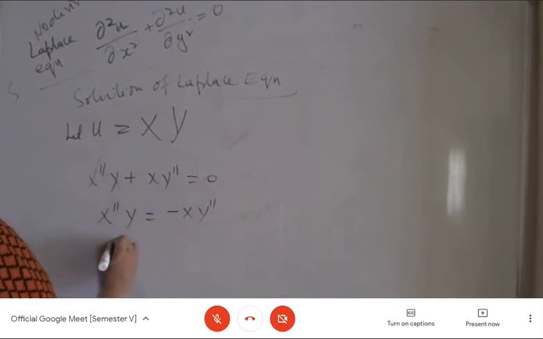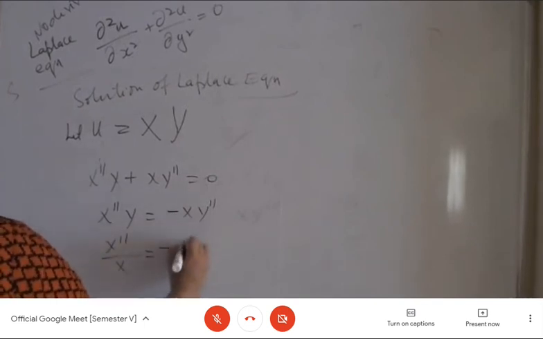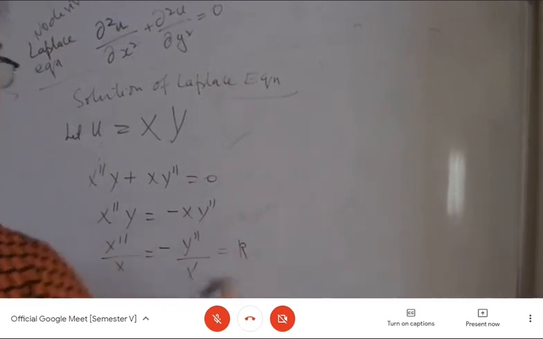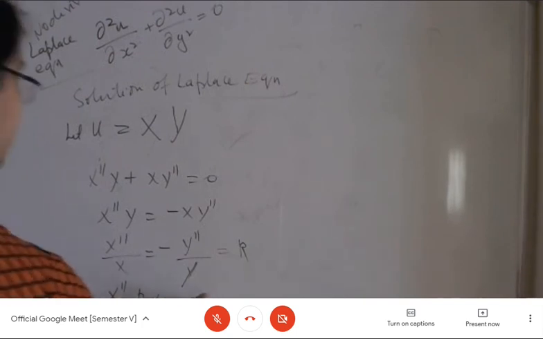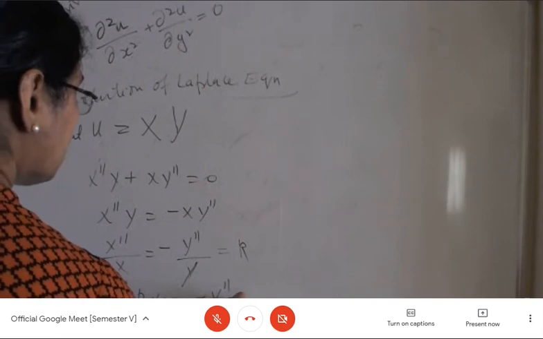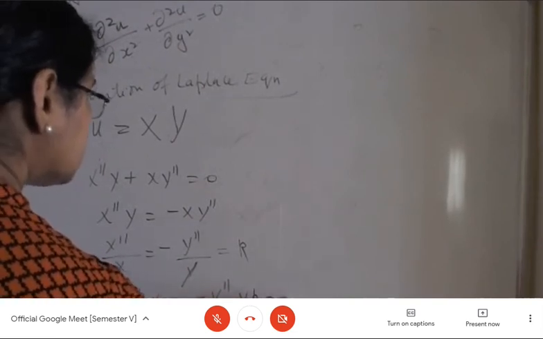Bring this X to this part: X''/X is equal to minus Y''/Y, and this must be equal to the same constant, k. After that, we can equate that X'' minus kX is equal to 0. That is one equation, and the other equation is Y'' plus kY is equal to 0.